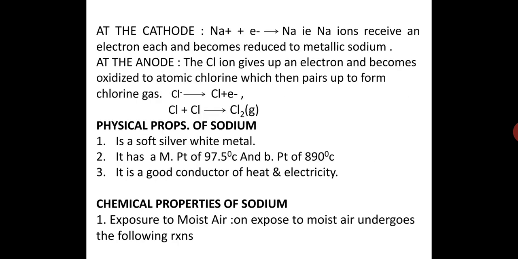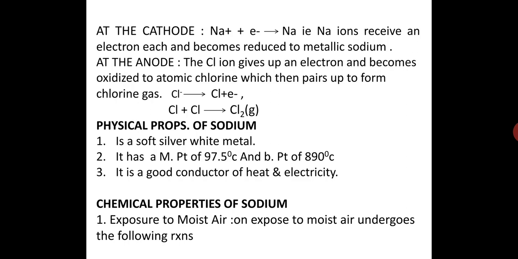Now let's go to the chemistry aspect of the reaction. At the cathode, the sodium ion gains 1 electron from the cathode to form sodium metal.